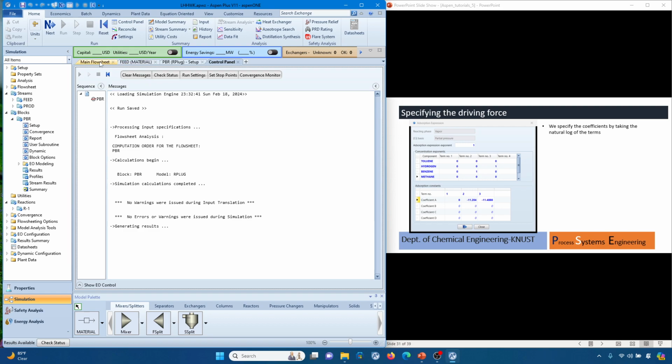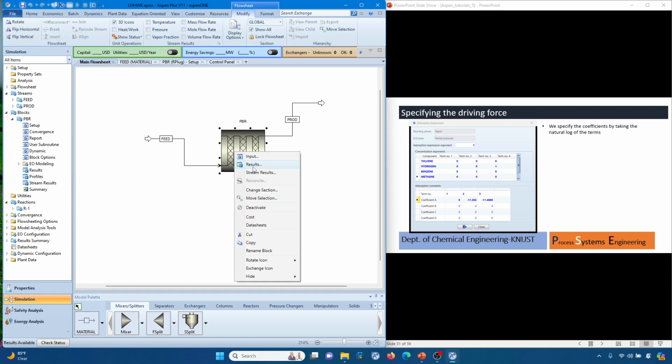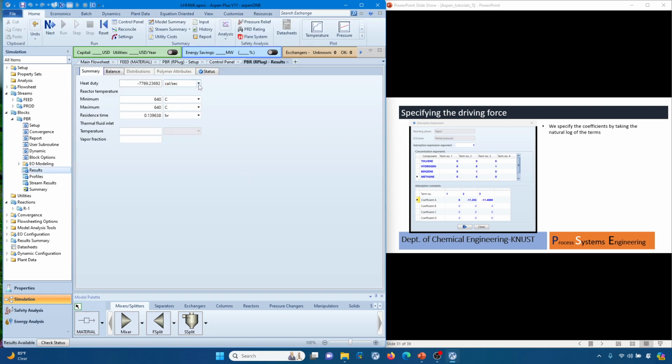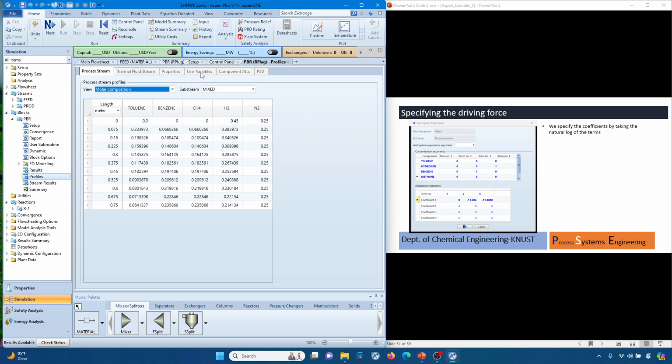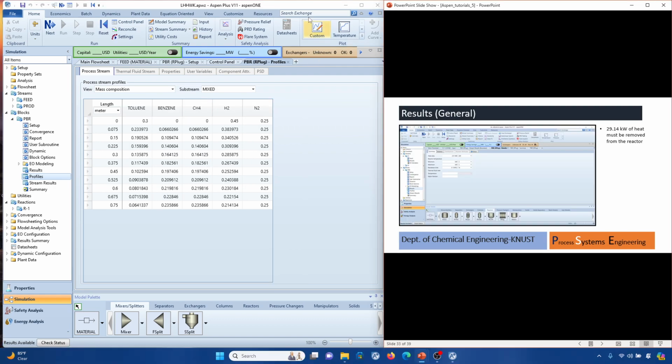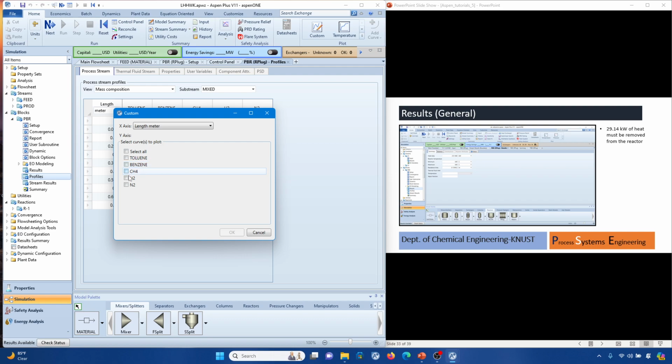So we can quickly view our results. There's a heat duty in order to keep our temperature at this point. We look at the profiles. Note that you can look for toluene and benzene.